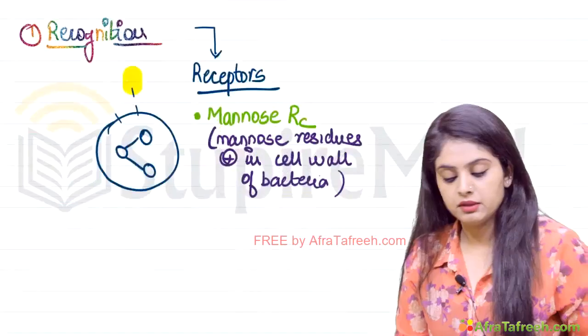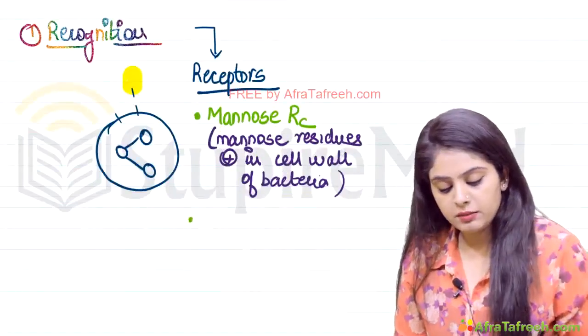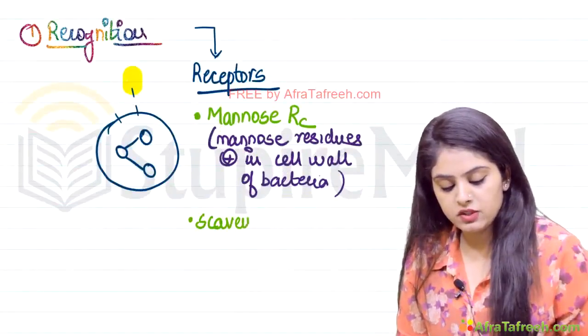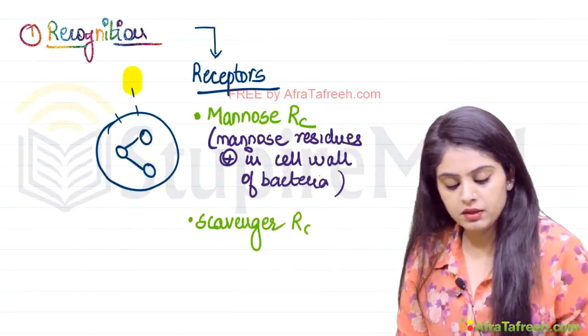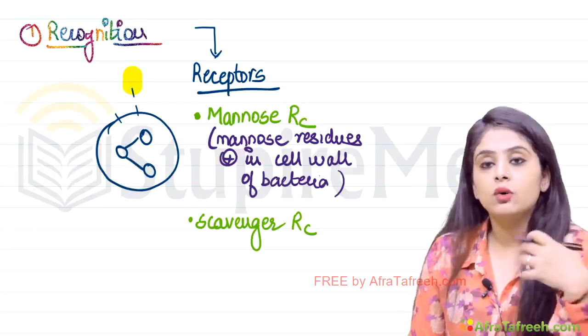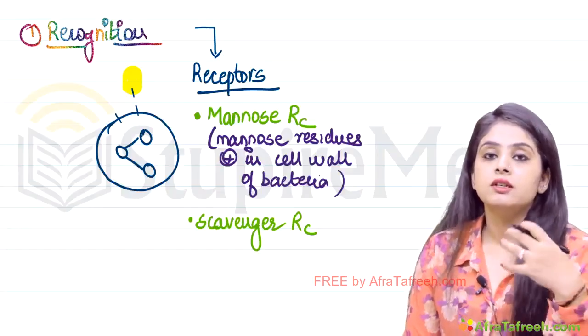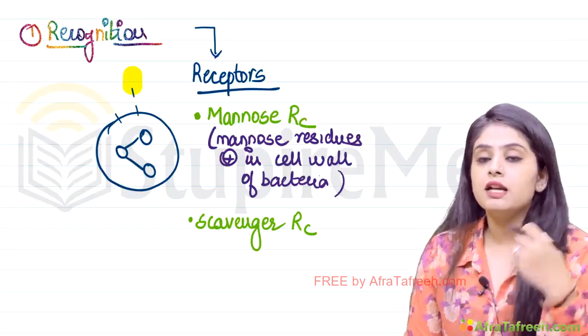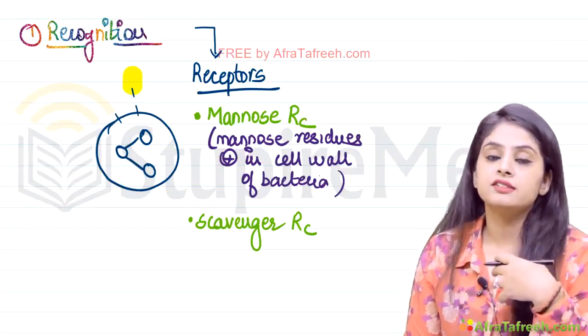First, mannose receptor. Next, there are other receptors also known as the scavenger receptors. Scavenger receptor you will definitely read in medicine and also in cardiovascular pathology. Scavenge means it is going to take up something, eliminate it and save us.